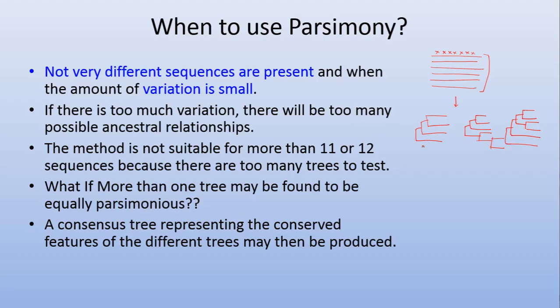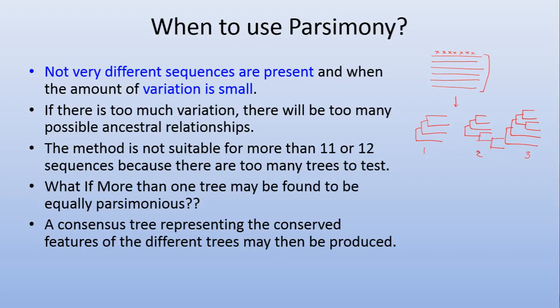Now it is entirely possible, as the number of sequences increases, if they are very sequentially conserved, that at the end of this parsimony method you might end up with tree number 1, tree number 2, and tree number 3, which are equally parsimonious.